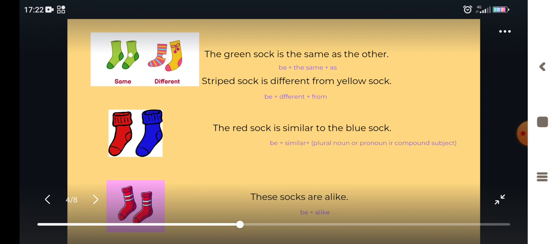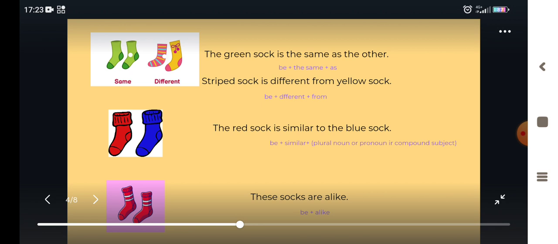The red sock is similar to the blue sock. If we notice in the image, we can see two socks. One is red and the other is blue, but maybe the model is the same, and only for the difference of the color, these are similar.